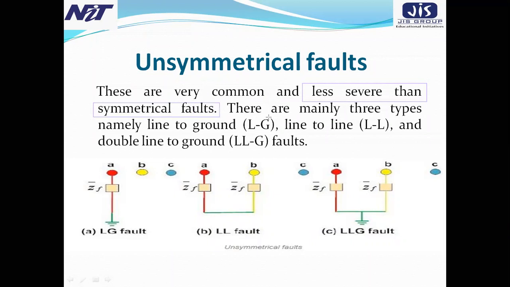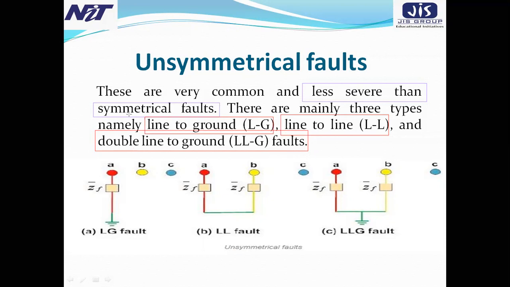There are mainly three types, namely, first one is line to ground fault, represented by L-G, line to line fault, that is L-L, and double line to ground faults, that is LLG faults. So these are the three types of fault you can find in a power system under unsymmetrical faults.